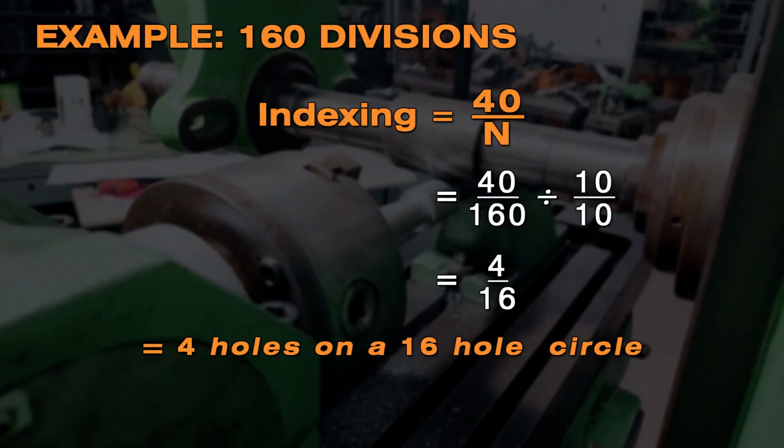Example, 160 divisions. 40 over 160 divisions, anong common divisor? 10. So, 40 divided by 10 equals 4. 160 divided by 10 equals 16. So, there are 4 holes for every division on a 16-hole circle.